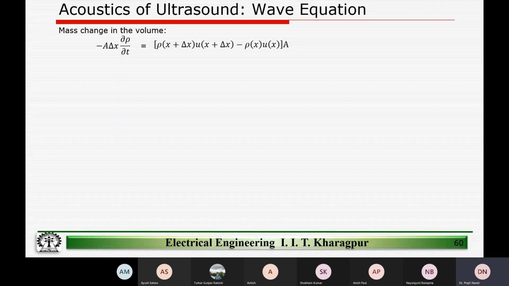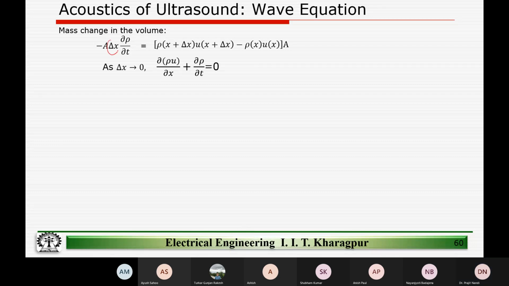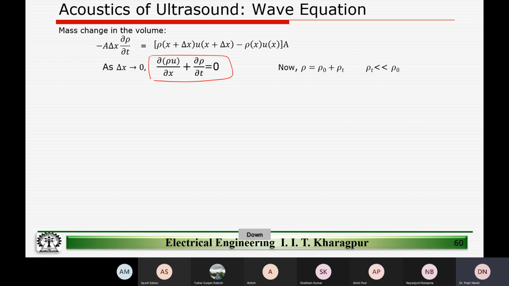Once I equate these two terms and bring this del x downstairs, I can simplify this portion. I can take the limit as del x tends to 0, del rho u del x, and I can bring this term on this side and write this, right?